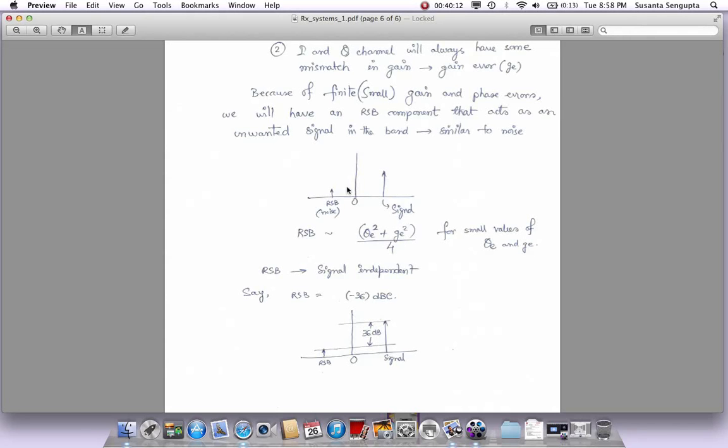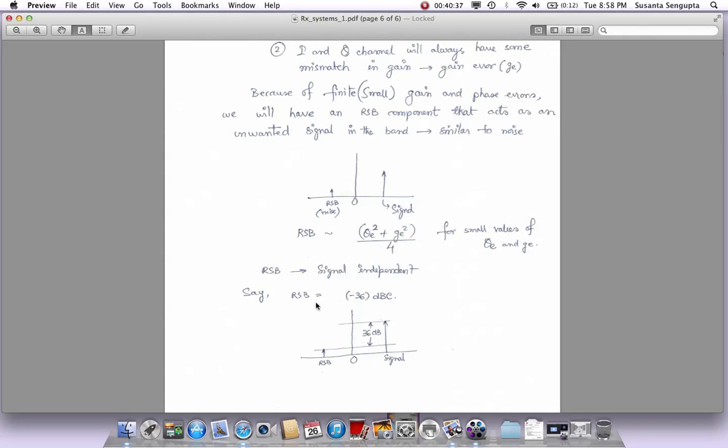If I drew all the subcarriers, they will all have their components all over, at a certain level relative to the main signal, and we represent them in dBc. So for example, if you said RSB is minus 36 dBc, what that means is if you took one subcarrier or all the subcarriers and their power, and all the power of all the RSB components, that is 36 dB below.